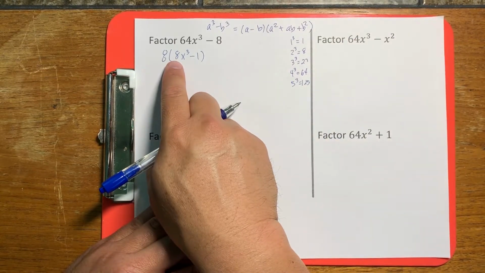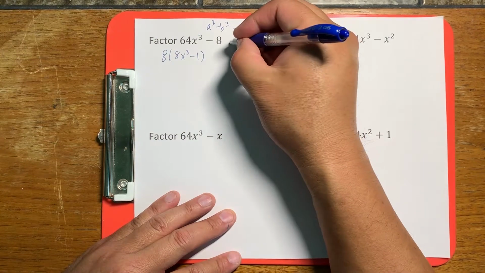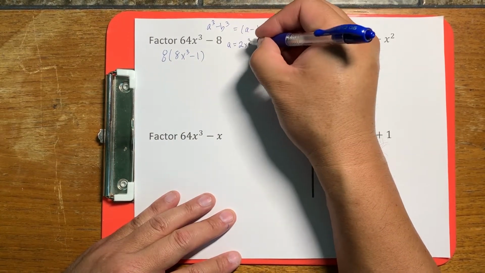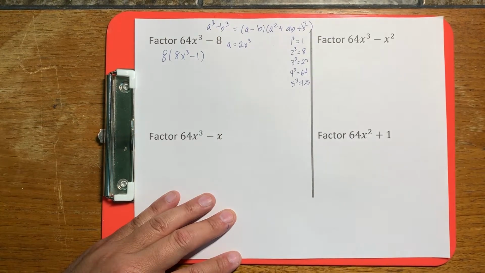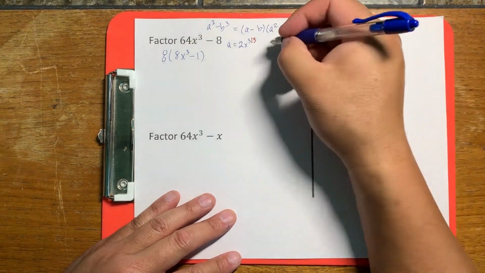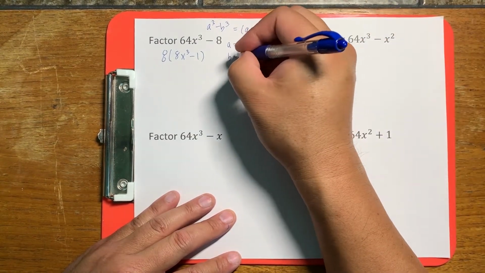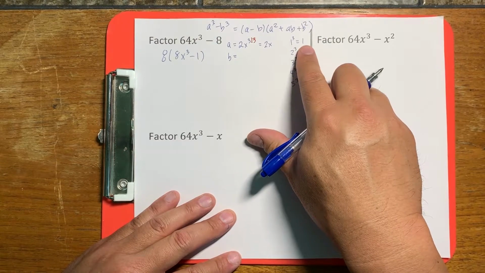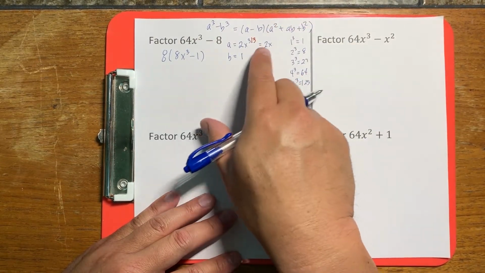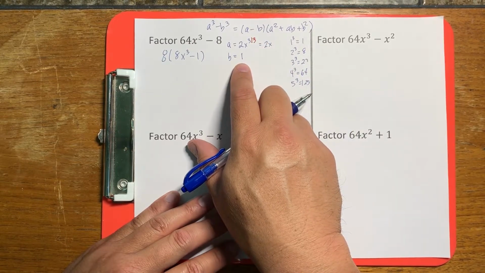So when we see 8, we should think 2. So a is equal to 2, and then we're going to divide the exponent by 3. So this is equal to 2x. And in terms of b, whenever we see 1, we just use 1. And in all these problems, the b will always be a positive number.